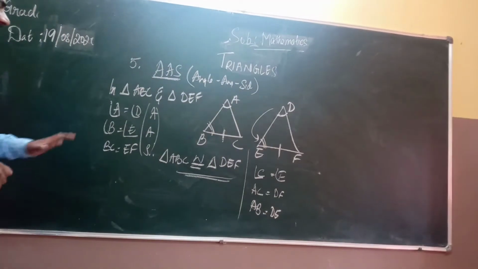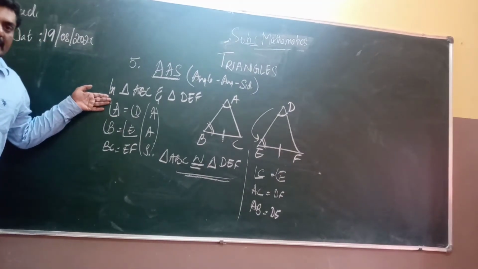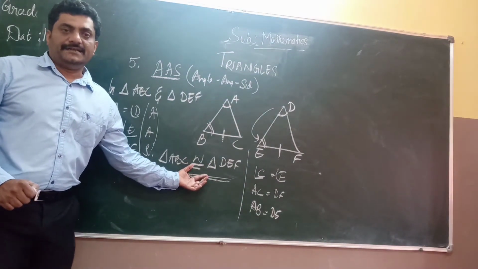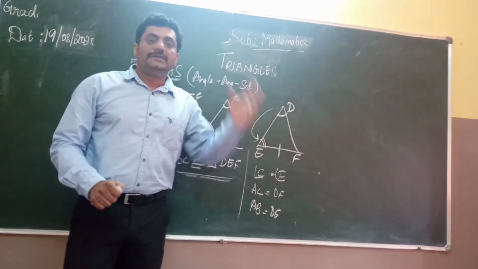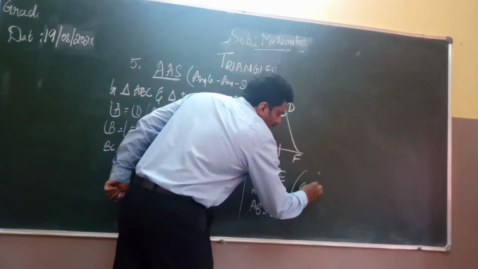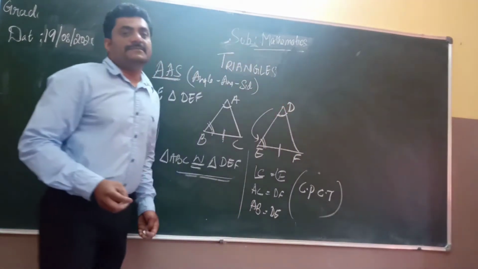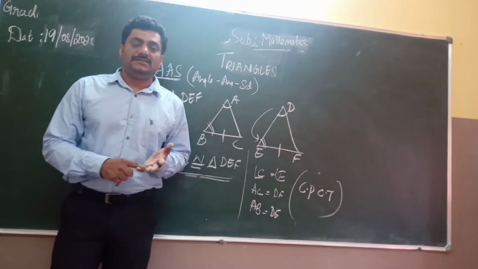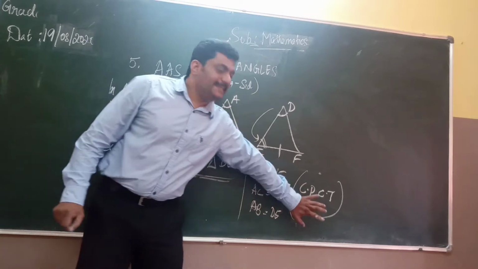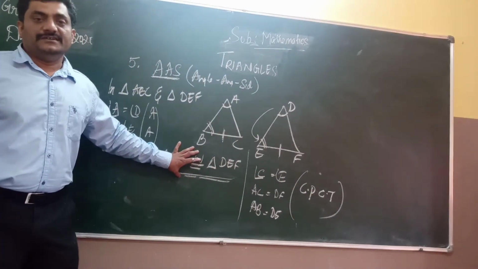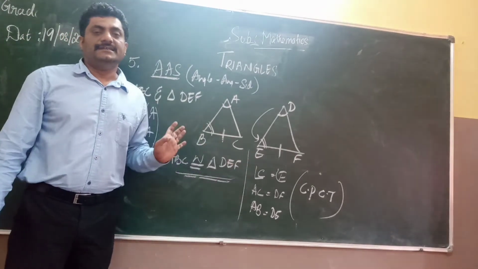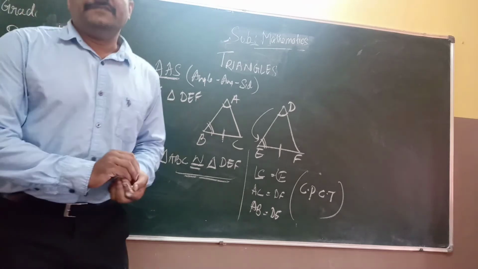Always remember that the moment you prove three things are equal and conclude that both triangles are congruent, the remaining three things automatically will be equal. And that is why it is called CPCT: congruent parts of congruent triangles are always equal. So if you want these to be equal, this has to be done first. To do this one, you have to check all these things. So all are interrelated. Now this is the fifth criteria.